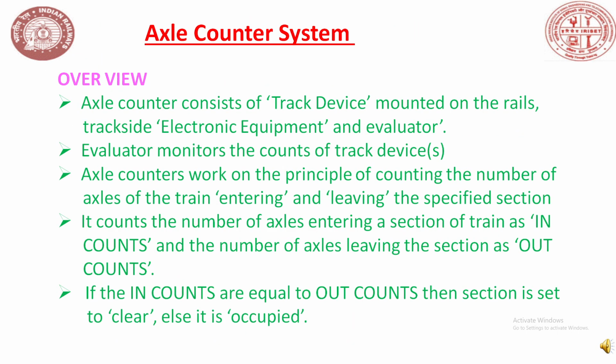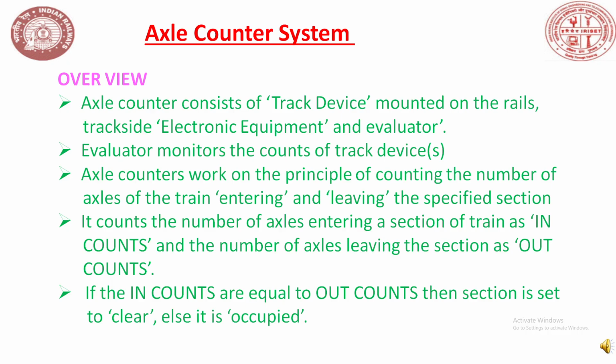Overview. Axle counter consists of track device mounted on the rails, track side electronic equipment and evaluator. Evaluator monitors the count of track device. Axle counters work on the principle of counting the number of axles of the train entering and leaving the specific section.